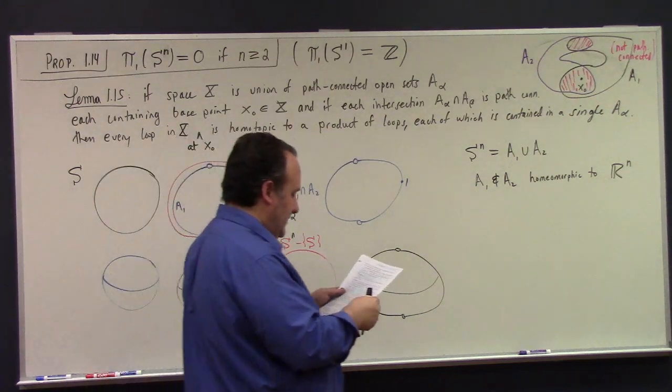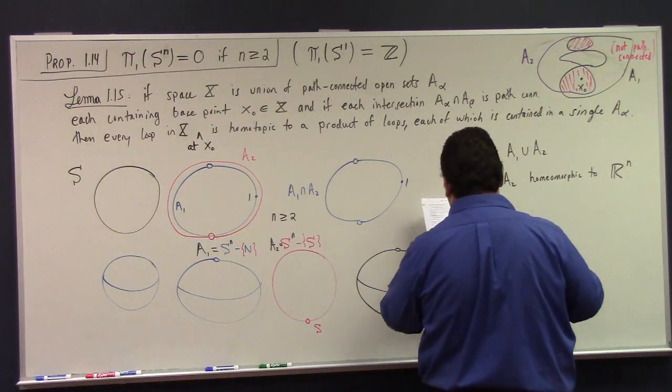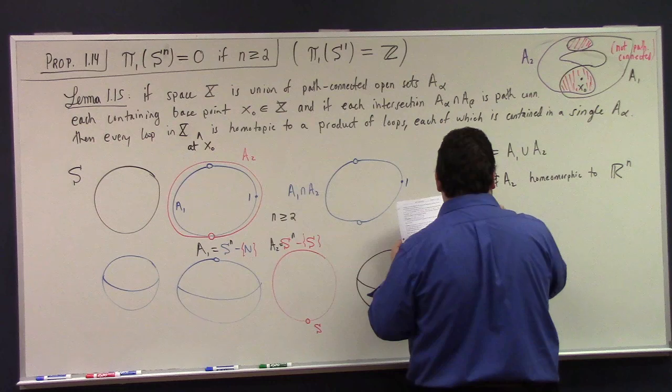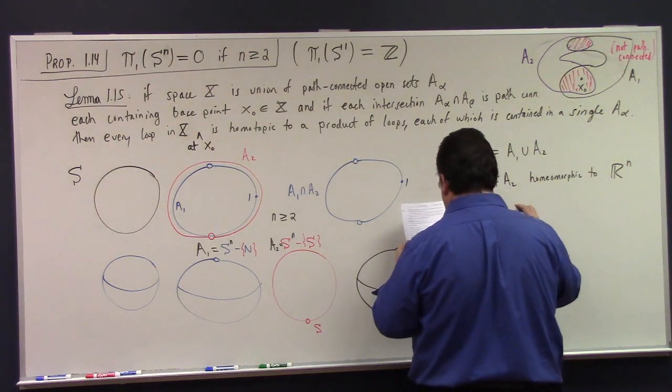How about the intersection though? Can you guys see this? He says that the intersection is homeomorphic to what?